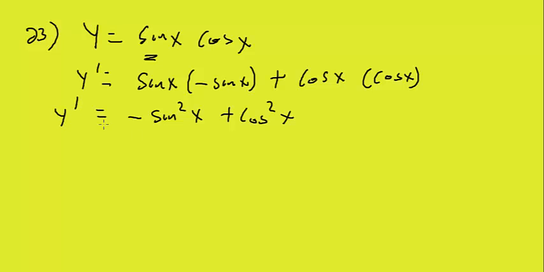This is y prime. Now, when you take a second derivative, you're going to use chain rule. But you can't use chain rule because you don't know the chain rule. Chain rule is the next section.